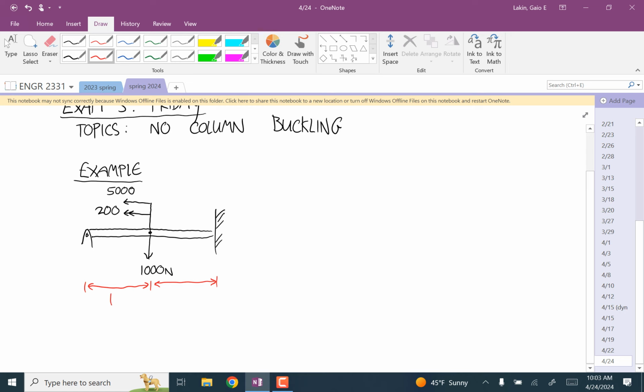And let's say this is 1 meter and this is 1 meter. We're going to neglect the weight. And we're going to do a calculation of a stress tensor at this point.